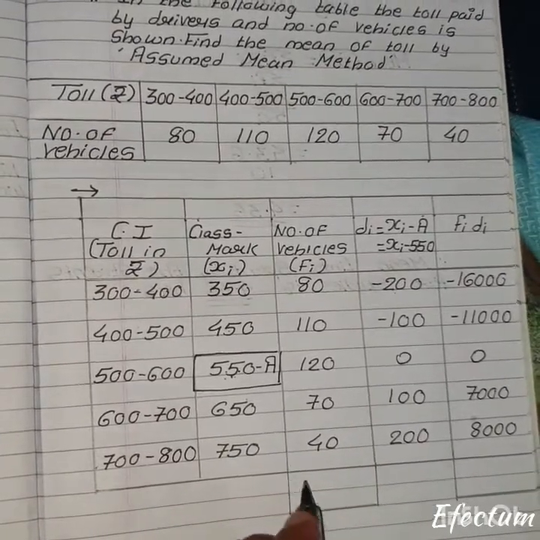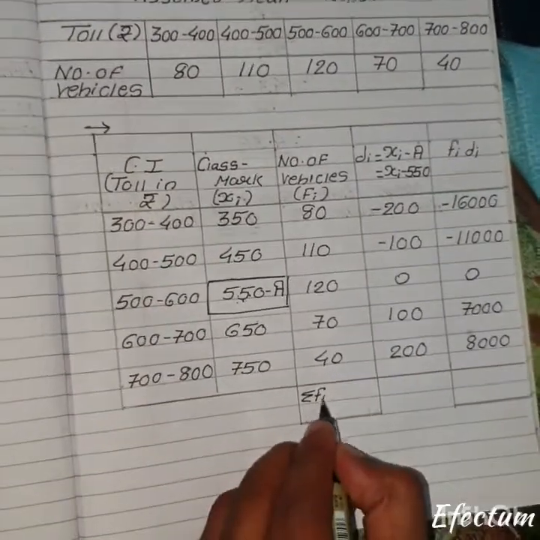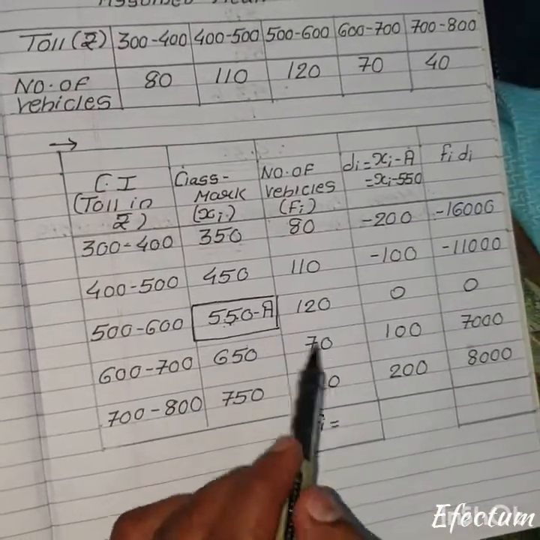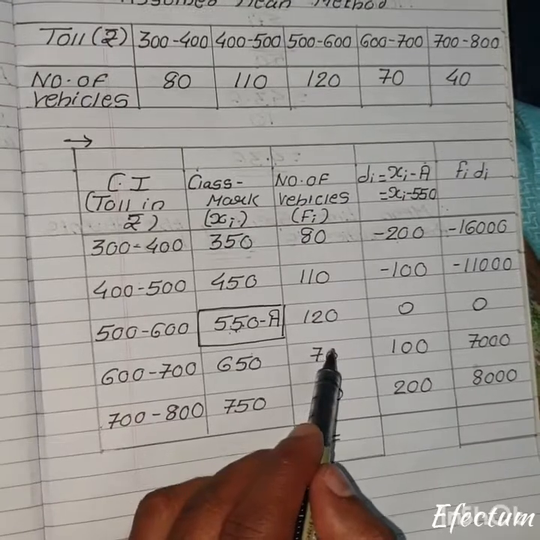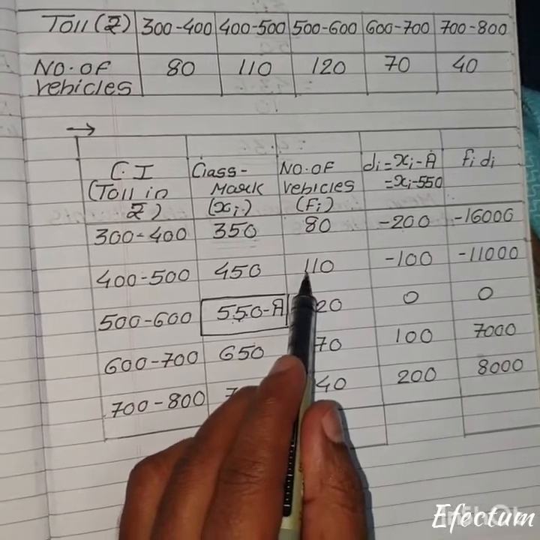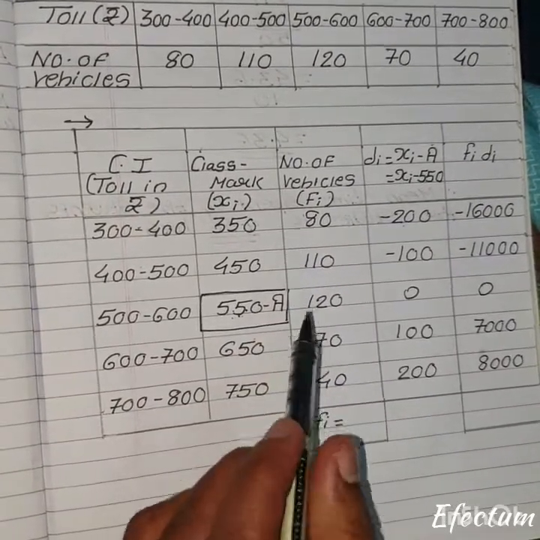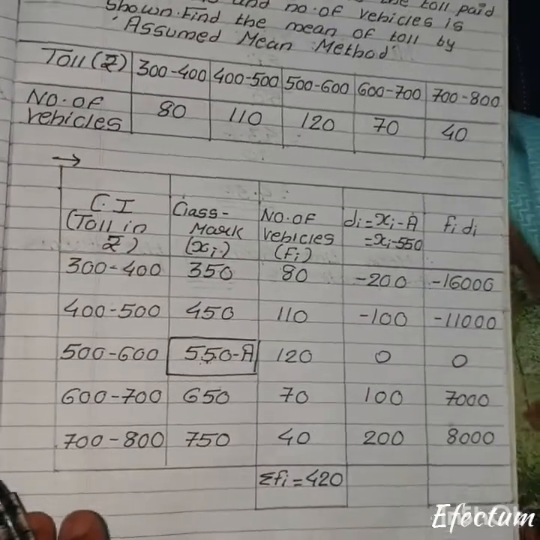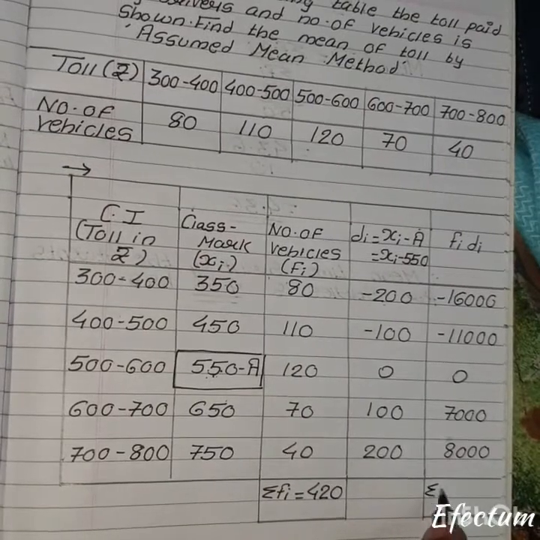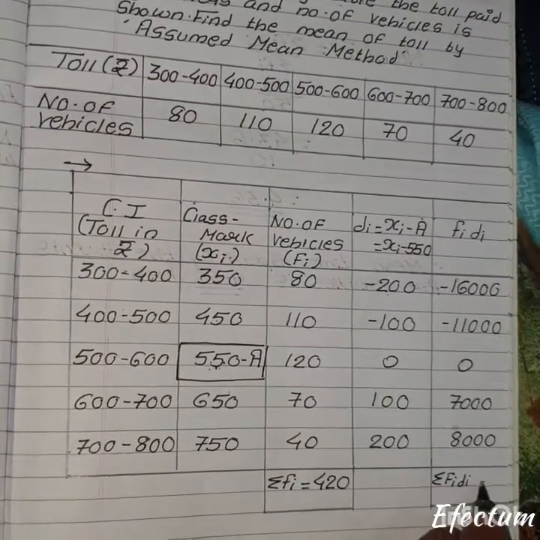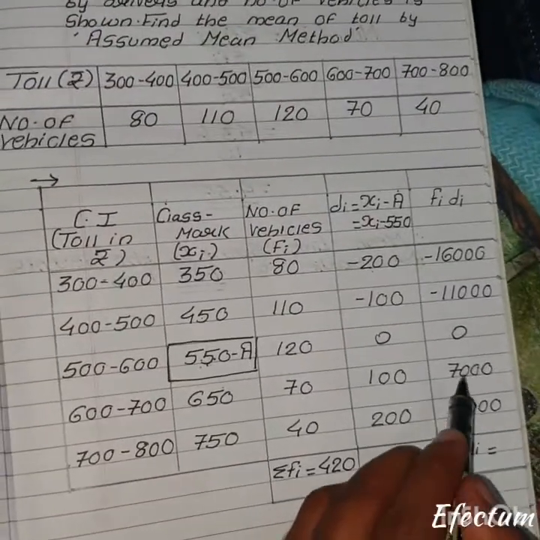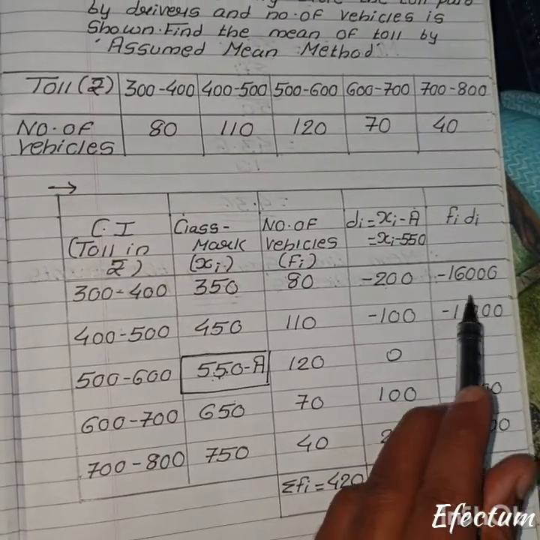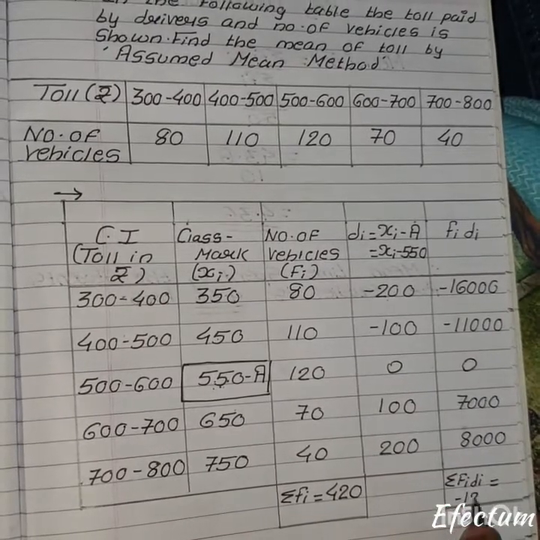Now we will find out the value of summation fi. Summation fi is equal to, we will add it, 70, 40, 110, 110, 110, 220, 220 plus 80, 300, 300 plus 120, 420. Now summation fi di: 8 plus 7, 15,000. 15,000 minus 11,000, 4,000. 4,000 minus 16,000, minus 12,000.